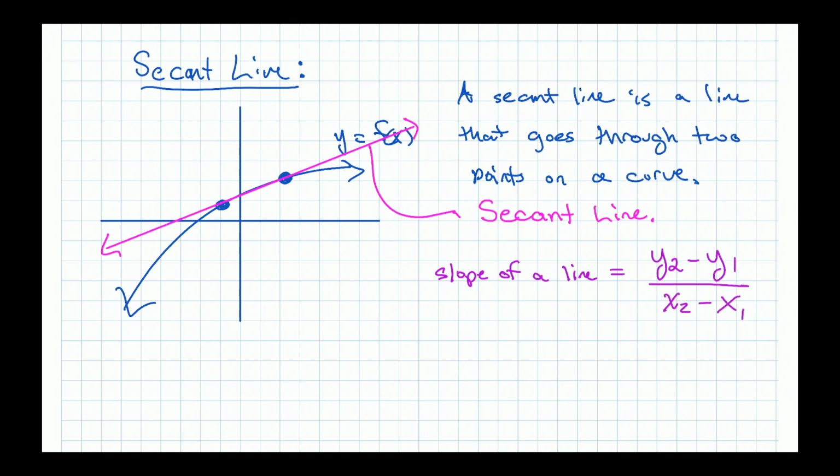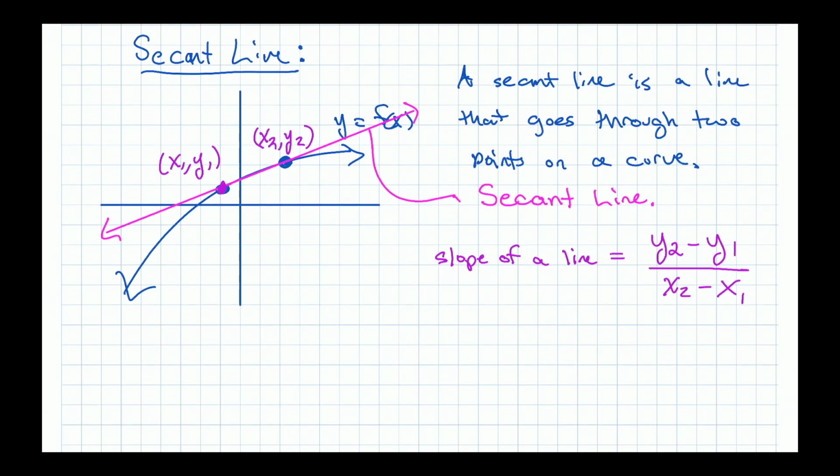That would be if you have the coordinates of one point called x2, y2, and the coordinates of the other point were x1, y1.